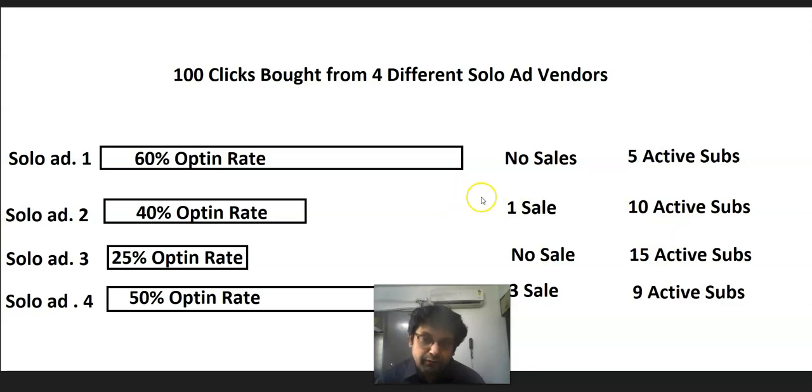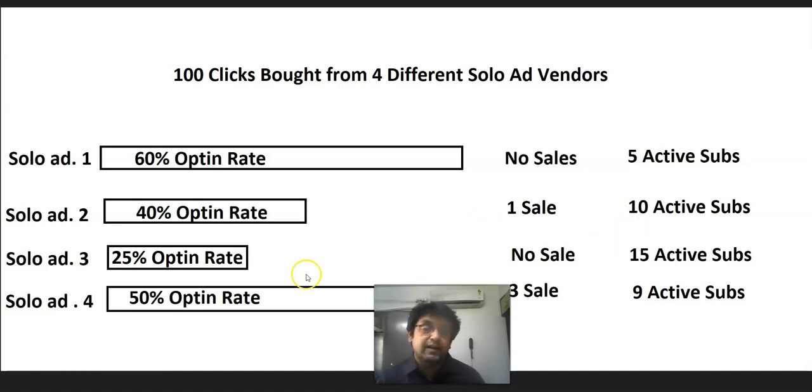So out of those 4 vendors, what I would say is you have to check after 30 days whose subscribers are highly engaged in your emails. It's all about opening your emails, clicking on the links, and then buying your stuff. So you have to search for a solo ad vendor who is giving you highly engaged subscribers who are opening your emails.